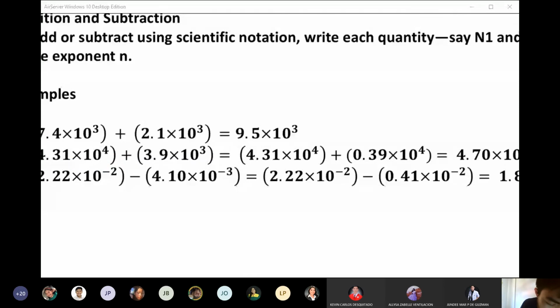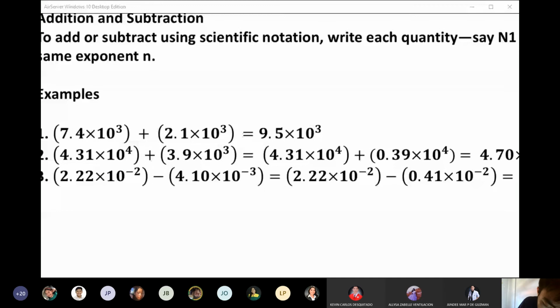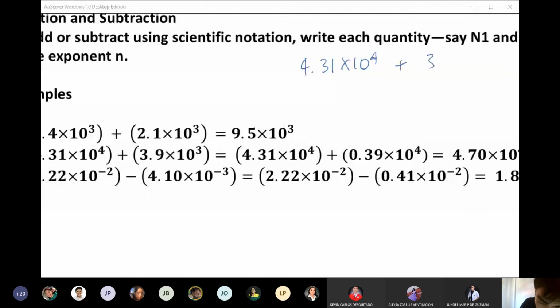Okay? So, that's 4.31 times 10 raised to 4 plus 3.9 times 10 raised to 3. So, if I want this number to be raised to 3, all I have to do is to move my decimal point to the left.